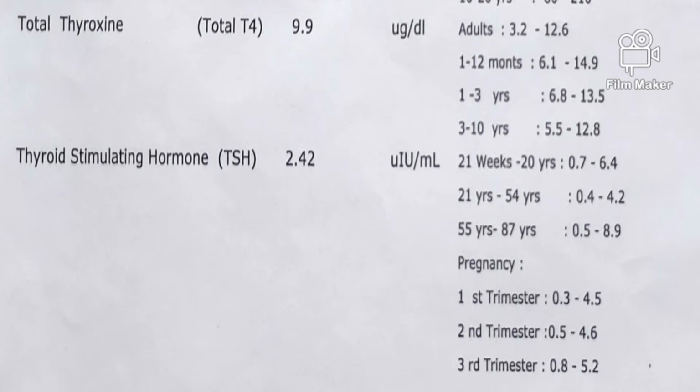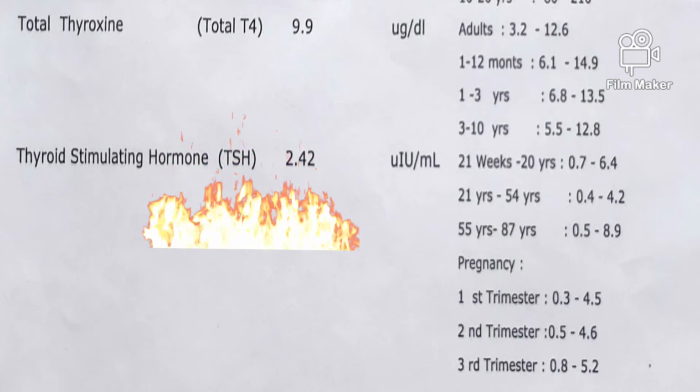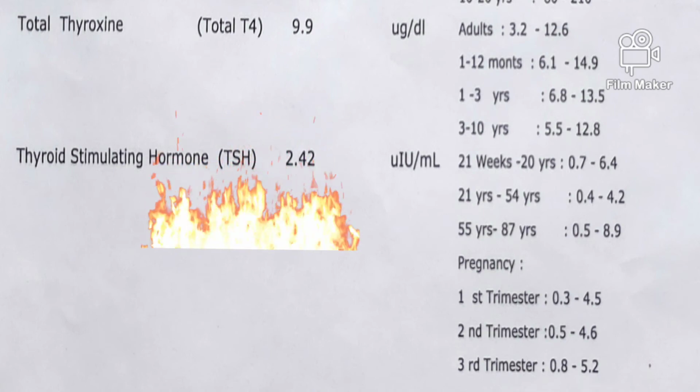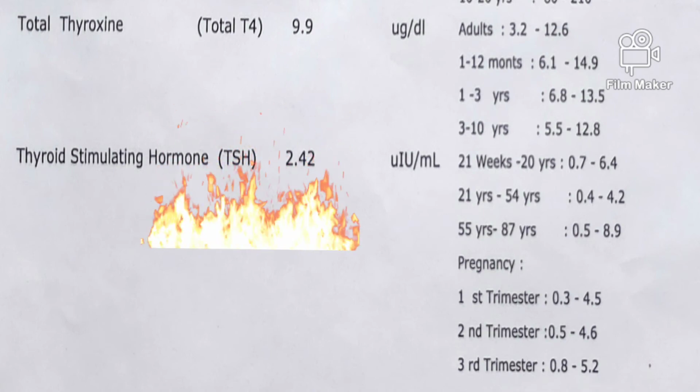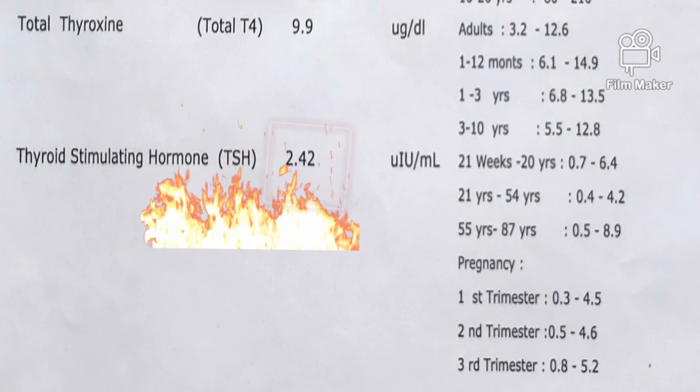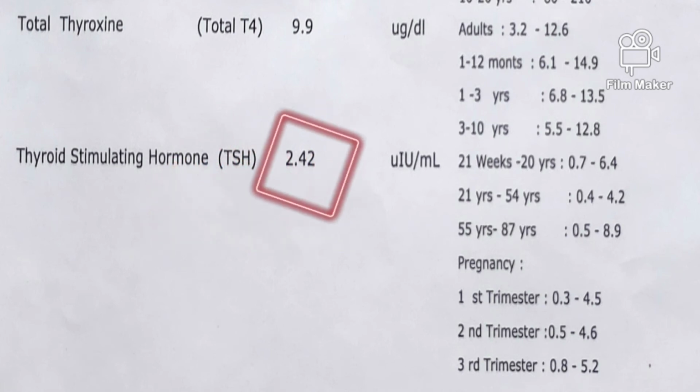Now we'll go with the thyroid stimulating hormone, that is the TSH. In this report, we can see that TSH levels are 2.42 micro international units per ml. And in the reference values we can see the TSH levels of different age groups.